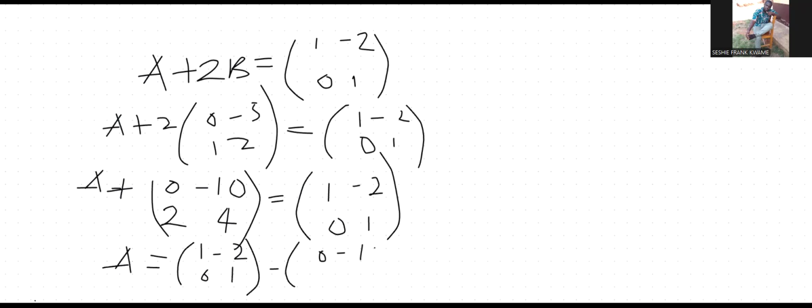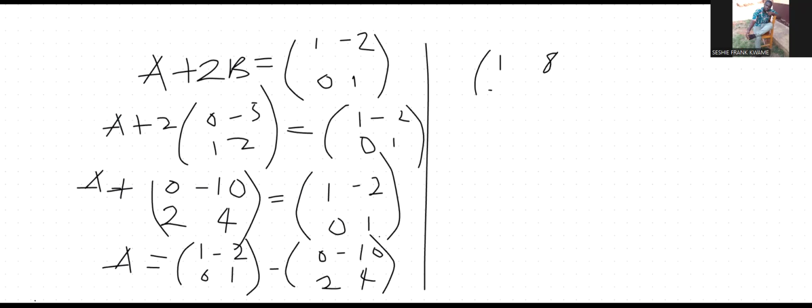What should that give us? 1 minus 0 is 1. Next, negative 2 minus negative 10, that's negative 2 plus 10, that's 8. 0 minus 2 is negative 2. 1 minus 4 is negative 3. And that is the value of our A as well.